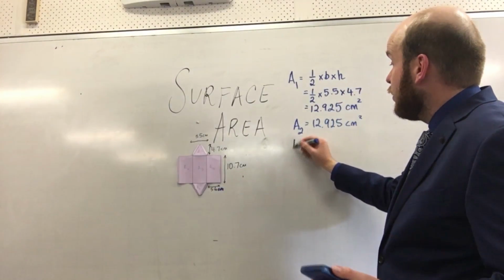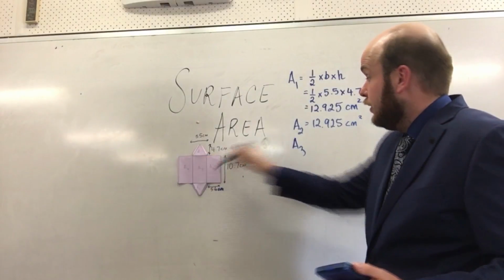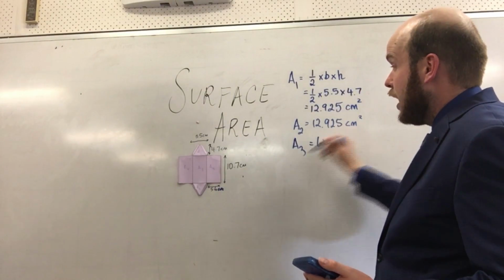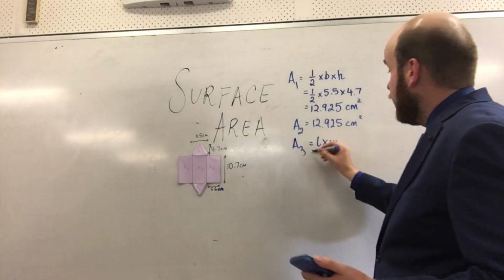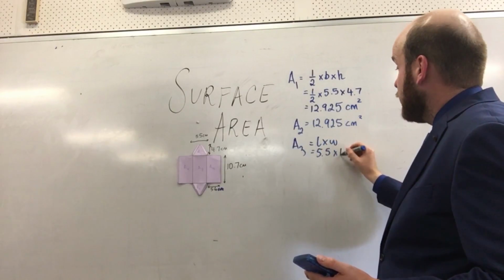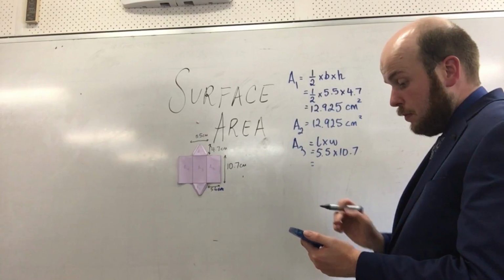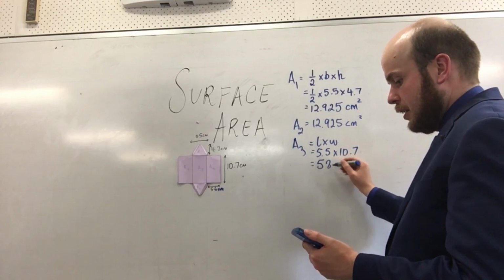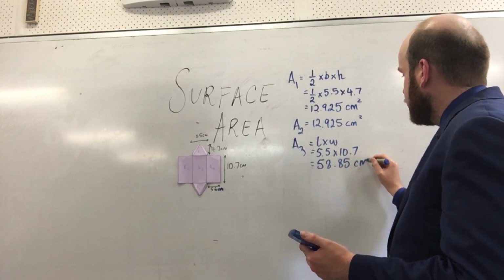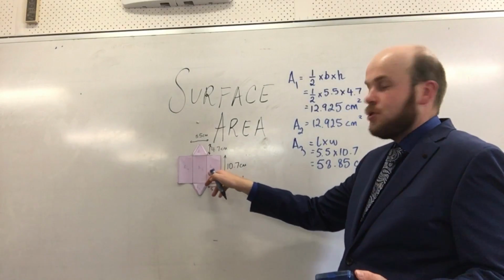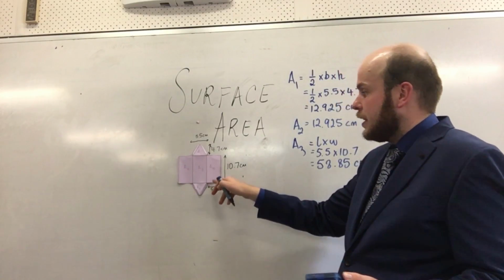So, area 3 is just a rectangle, and it is 5.5 times 10.7, which is 58.85 square centimeters. Now, it looks like that should be the same size as each of these, but they're slightly different.